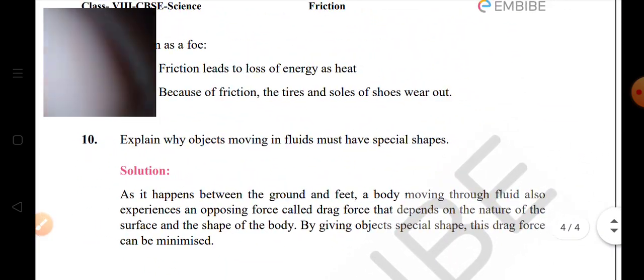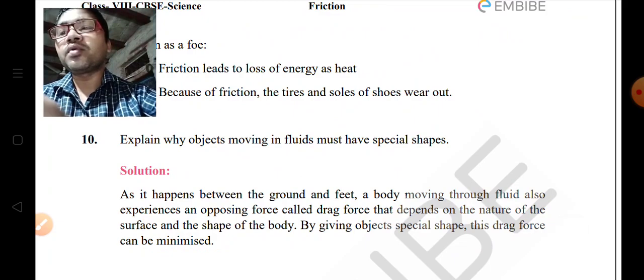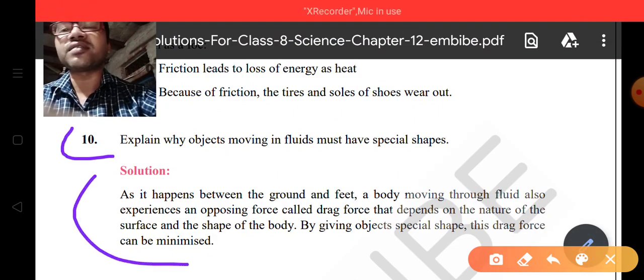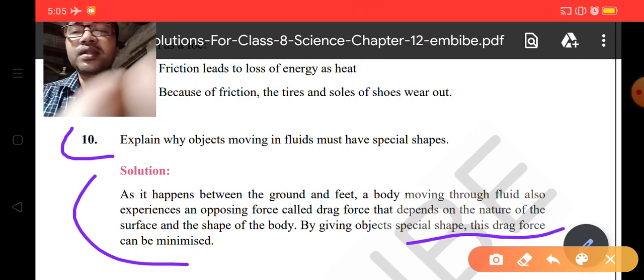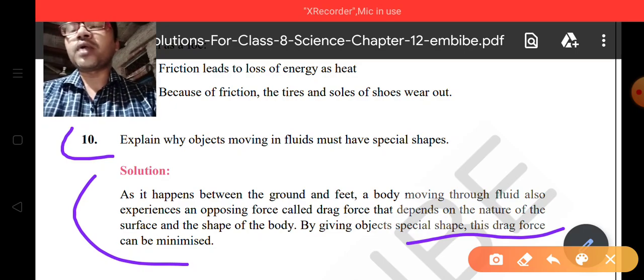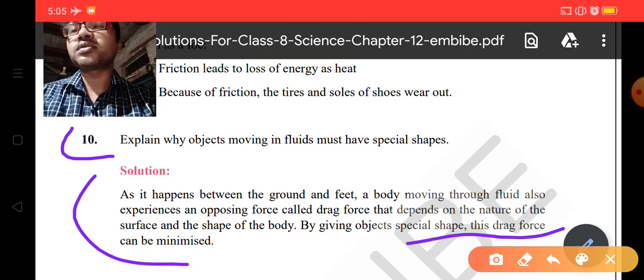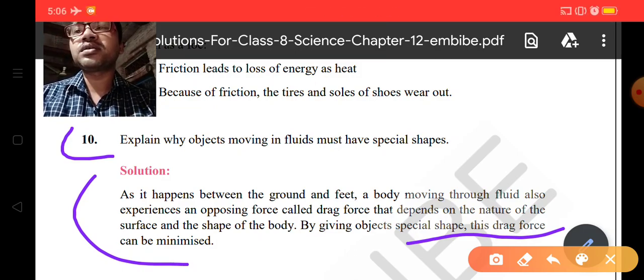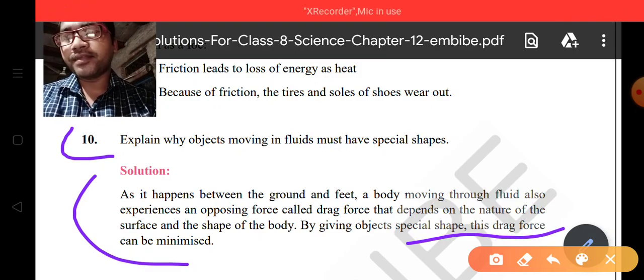Students, question number 10 is here, and you can pause your video and note down this is the question and answer is given here. It is completely reflected on your screen. So I hope you have done all these questions and their answers in your copy. Okay. And try to revise this question answer.